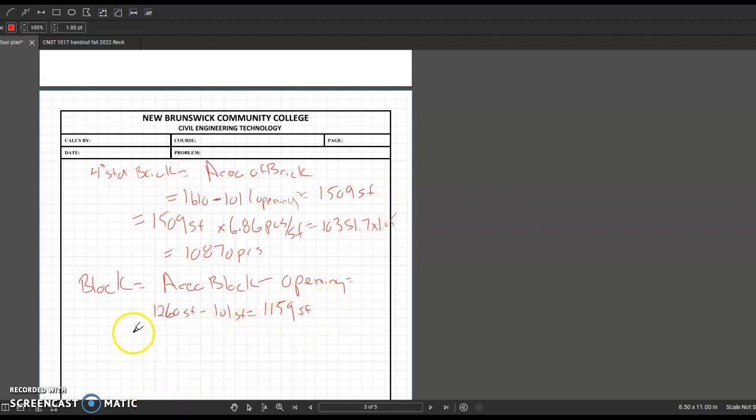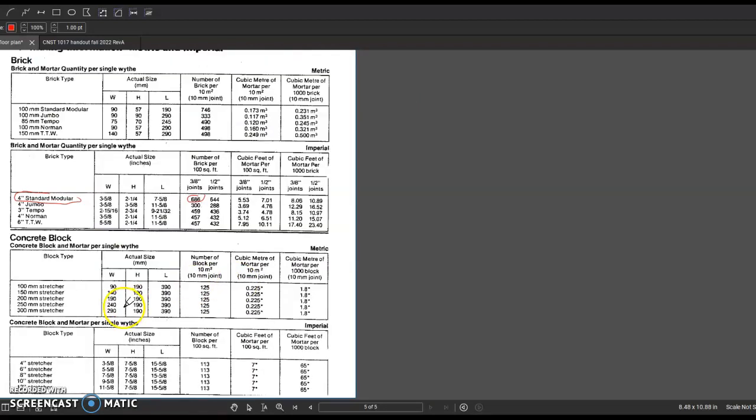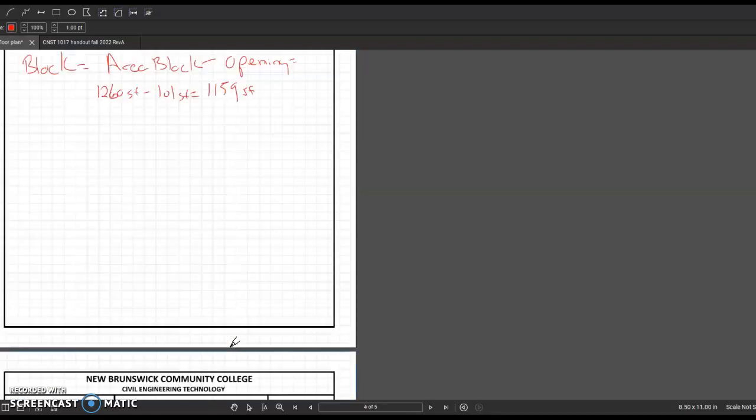Okay, again I need to find out how many pieces per square foot. Go to my Shaw information down here, and they're always the same, 113 for every 100 or 1.13 for every square foot.